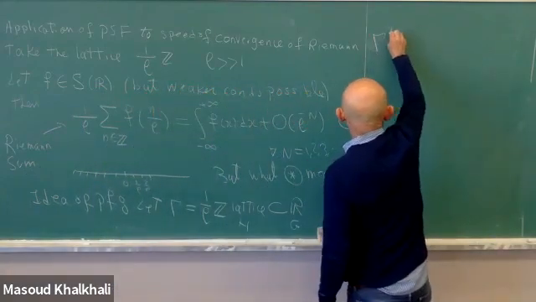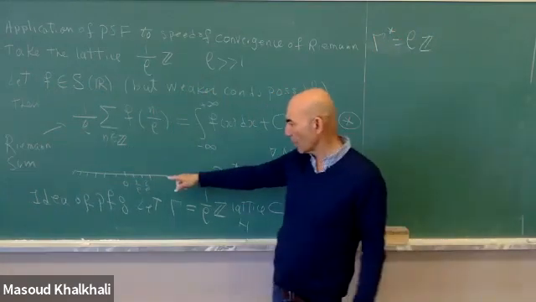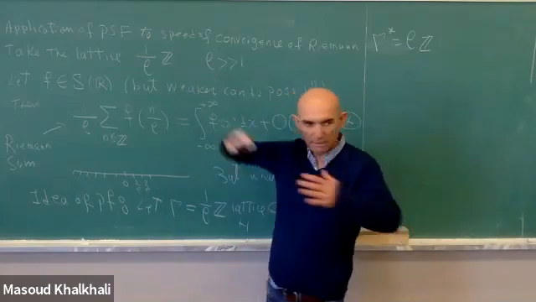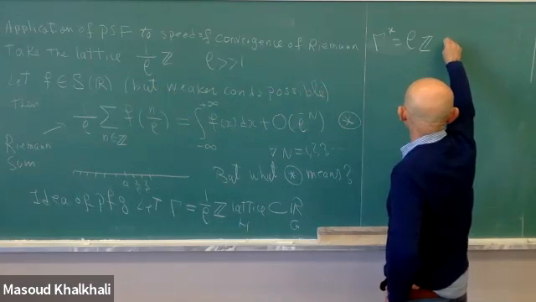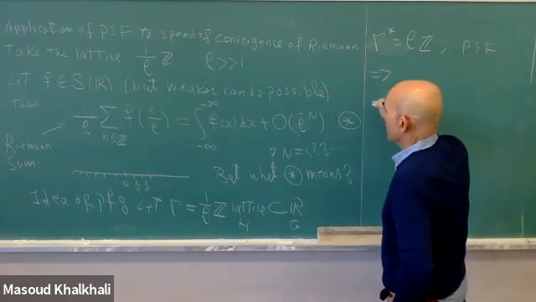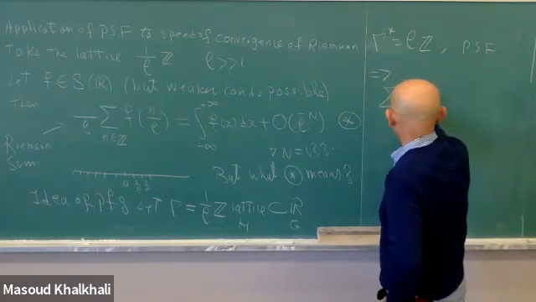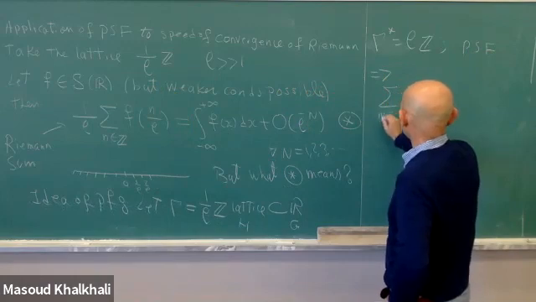Now gamma star is equal to LZ. This is a degree 1 over L, but this one is LZ, it expands. So what we have is that PSF tells me that the sum of f of n over L, n belonging to Z.